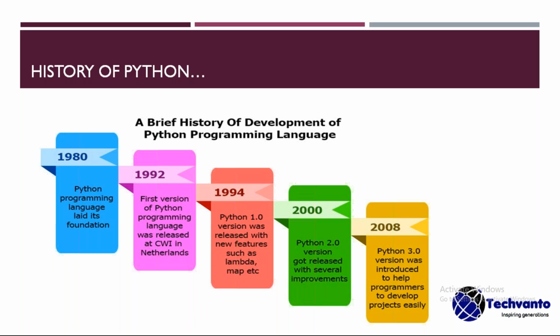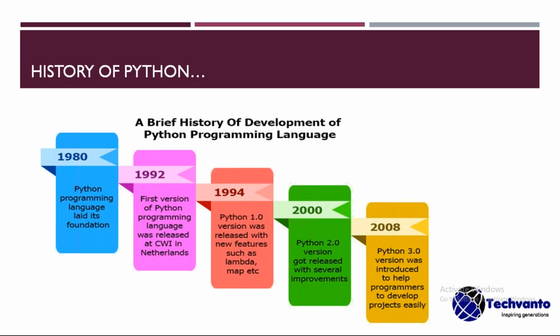After that, in 1994, Python 1.4 version was released with some features like Lambda, Map, etc. And after that, in 2000, Python 2.0 version was released with several improvements. But after some years, the programmers started to work on projects in Python, but they faced several problems while developing the project. After 8 years from 2000, in 2008, Python 3.0 version was introduced to programmers to develop the projects. This is the history of Python.